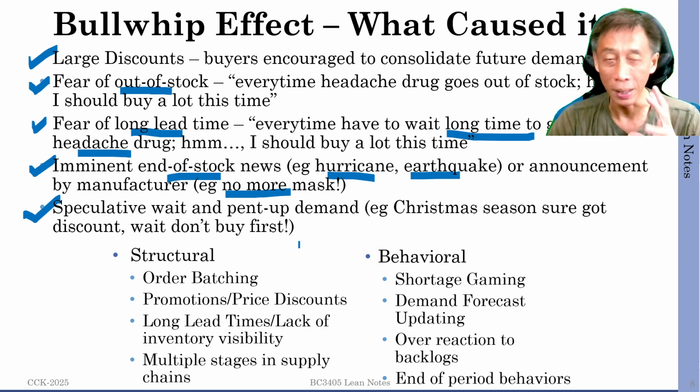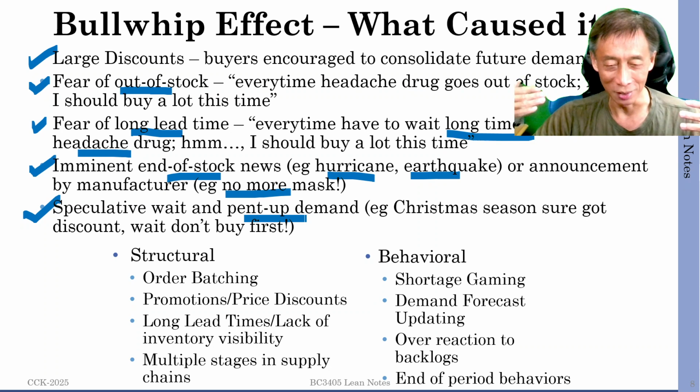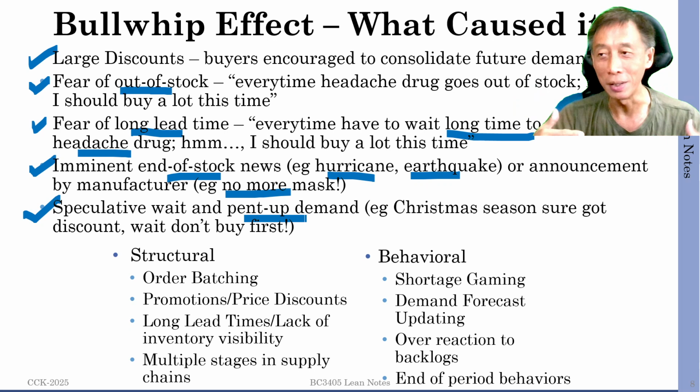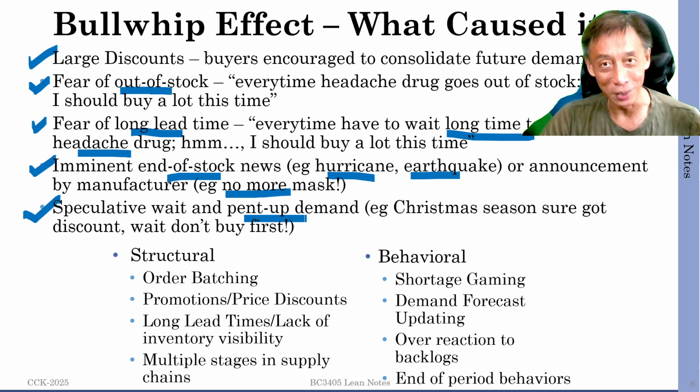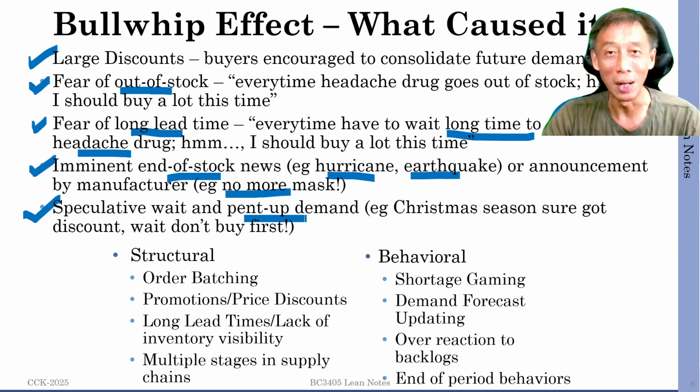Speculative wait and pent up demand. Okay, pent up demand, definitely. We hear about the revenge travel after COVID-19, right? The moment you can start traveling again, government control and limitation of movement has been lifted, and people will just want to splash the money and fly around and go out just to compensate for the lost traveling.